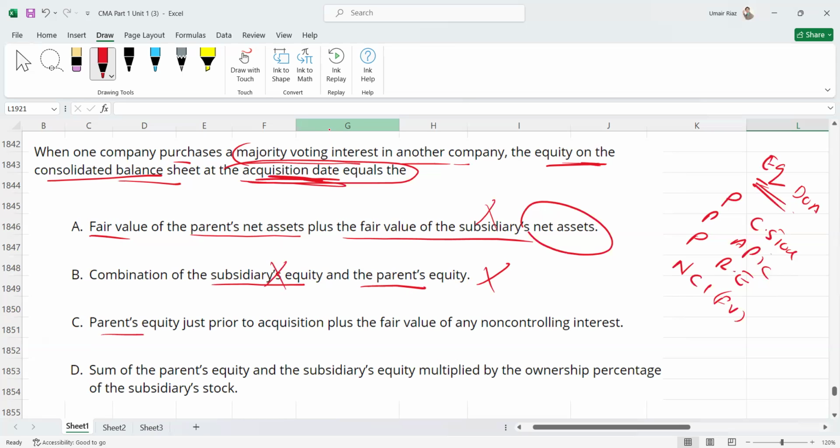Then the parent's equity just prior to acquisition, yes, plus the fair value of any non-controlling interest, yes, because all these three values belong to the parent and NCI. Yes, this is the correct statement actually. Then the sum of the parent's equity and the subsidiary's equity, no, we don't make the summation of parent and subsidiary. So this is also incorrect. So C is the correct answer.